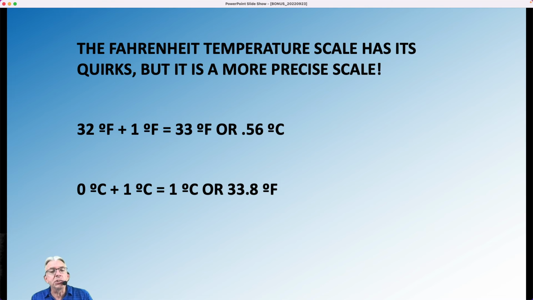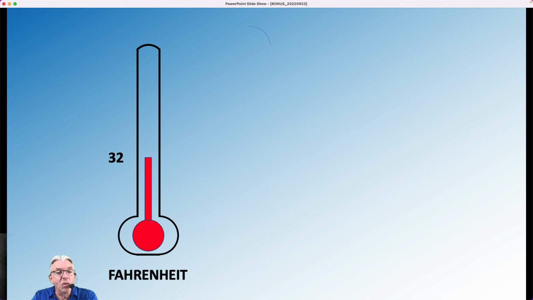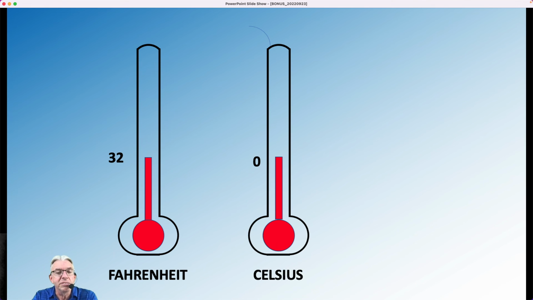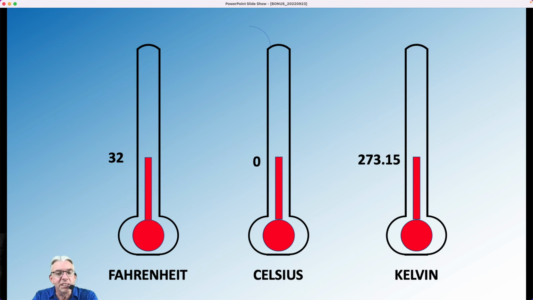So a Celsius degree is equal to 1.8 degrees Fahrenheit, meaning that the Fahrenheit scale is actually a more precise measurement. So if you have the freezing level with all 3 of these scales, Fahrenheit is 32, Celsius is 0, and Kelvin is 273.15. That's it for now.